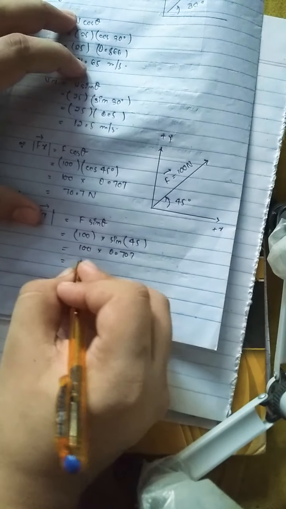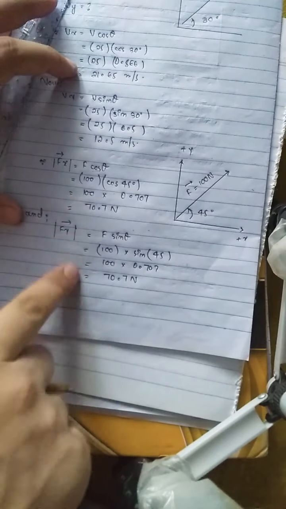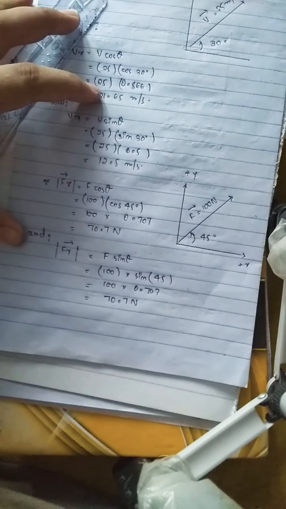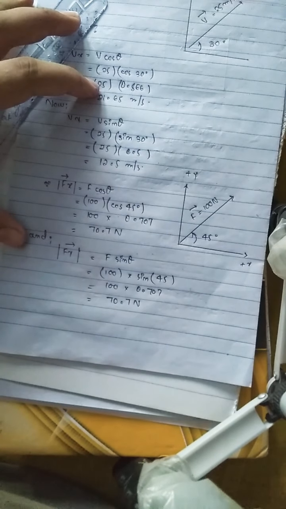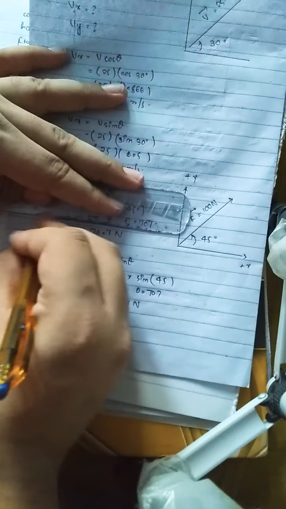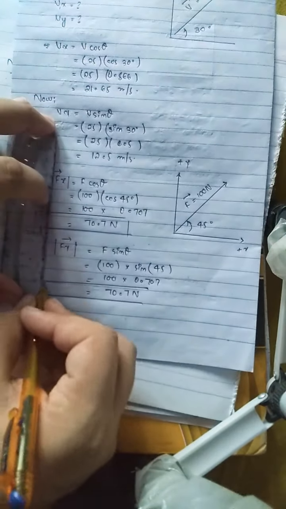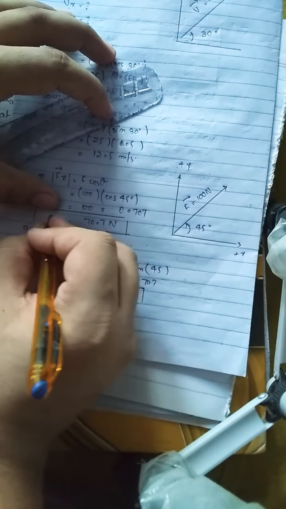When we multiply the two numbers, we will get 70.7 Newton. So these are the magnitudes of vector f, which is making 45 degree from positive x-axis. In this numerical, we can see that the magnitudes of both components of the vector, the x component and the y component, are equal.